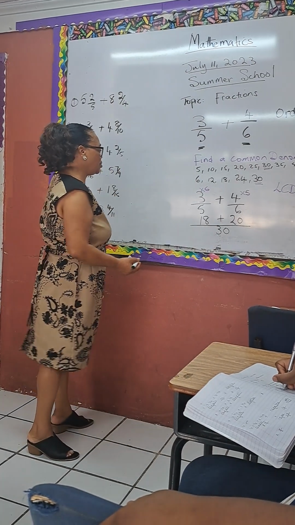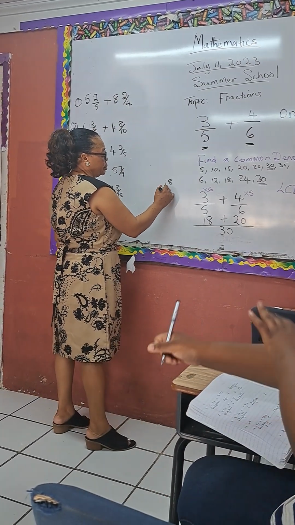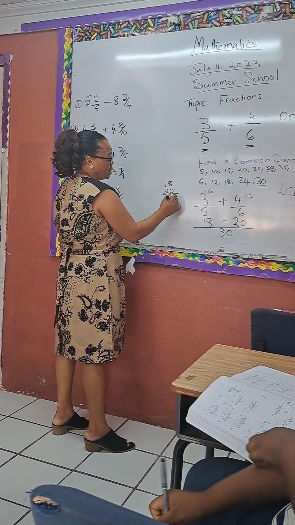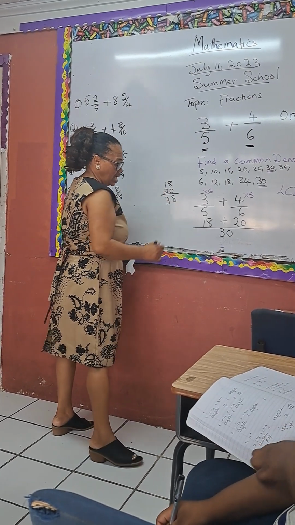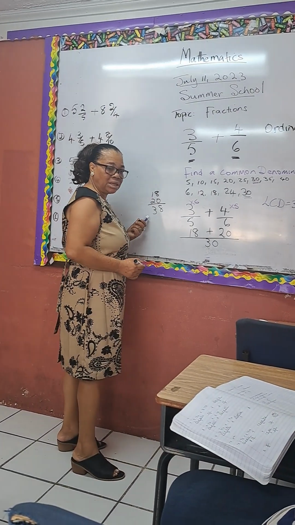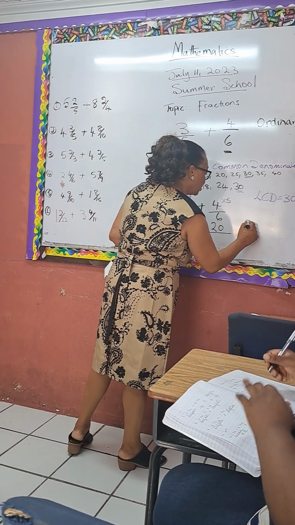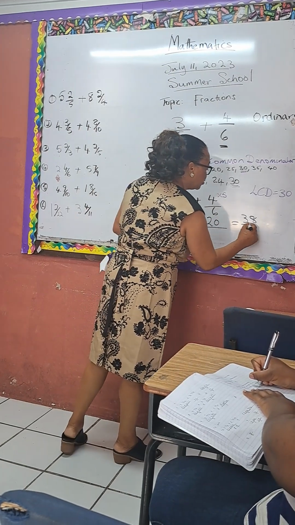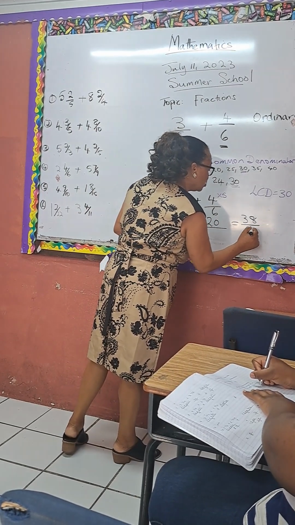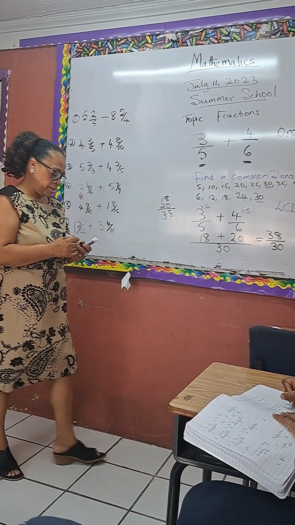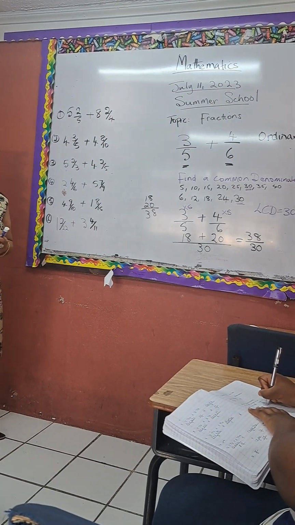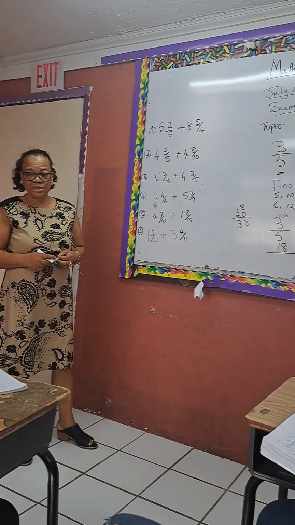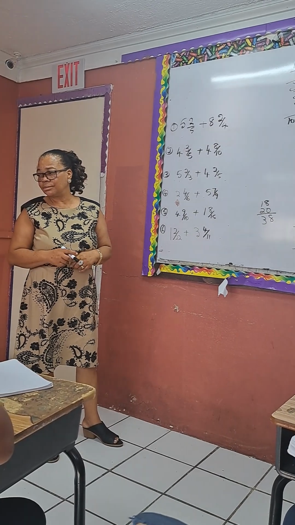What is 18 plus 20? 38. 18 plus 20 is going to give me 38. So that is equal to 38 over 30. My next question is to ask, how many times can I get 30 out of 38?